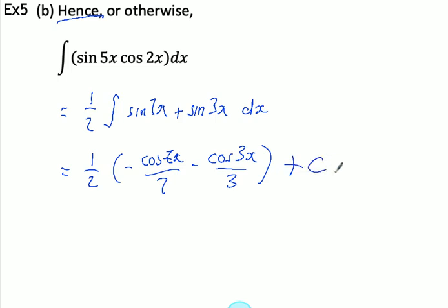And you know what? That will do, won't it? There's no real benefit in multiplying through by a half.